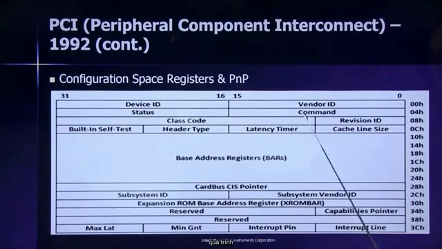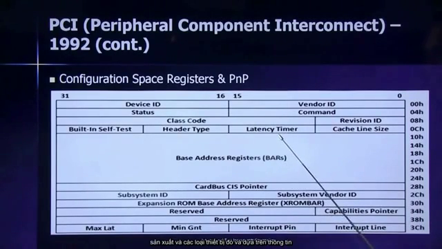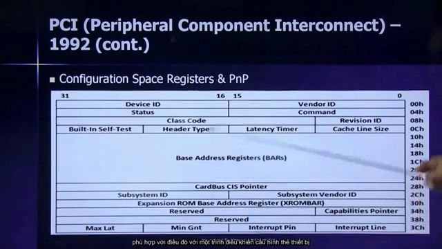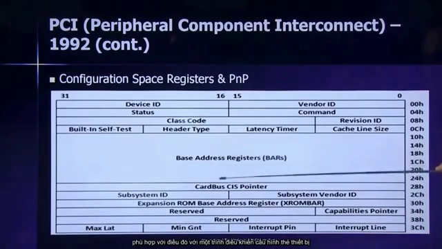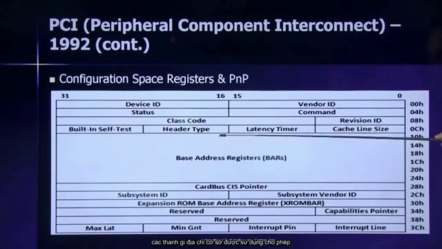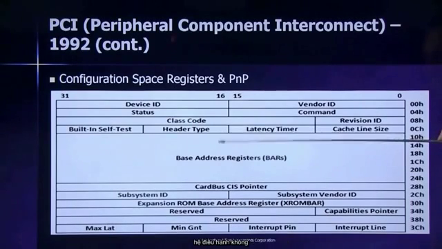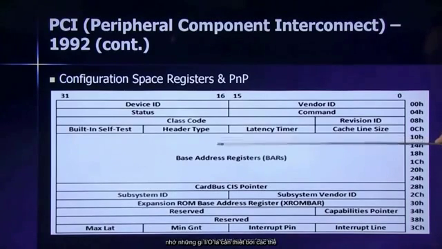The operating system goes and reads these 2 registers on all devices to learn the manufacturer and what type of device it is, and based on that information it would match that with a device driver that will configure the card. The base address registers are used for letting the operating system know what memory and I/O ranges are needed by the card to do its work.